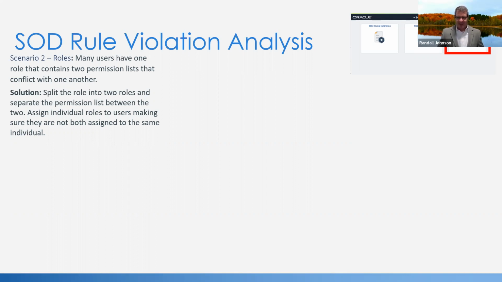And I've cleaned that up, and now I should only have violations that are caused by an individual having two roles that should not coexist. Okay, so this is the role to role, but it's only showing up because they have two roles that have permission lists which contain pages that should not coexist, right?